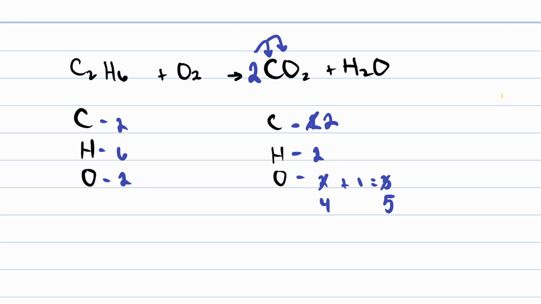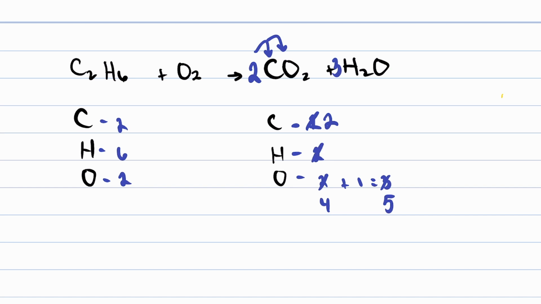Then for hydrogen, we have 6 on the reactant side, 2 on the product side. So you ask yourself, all right, the lesser one is 2. 2 times what is going to give me 6? The answer? 3, right? Pretty straightforward there. So the answer is 3. I'm going to go ahead and add 3 right here. This is now going to be 6.